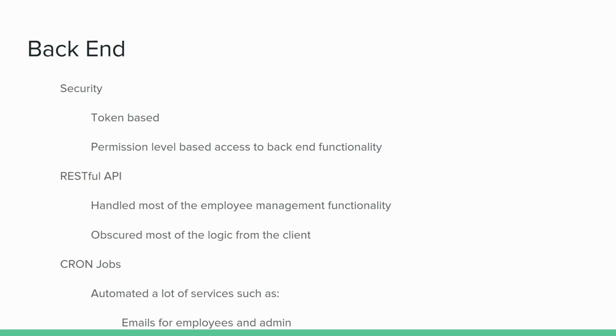We also let the RESTful API handle most of the employee management functionality, and that helped encapsulate most of the business logic from the client. We also had different cron jobs that automated services, such as sending emails and notifications to users and admins.